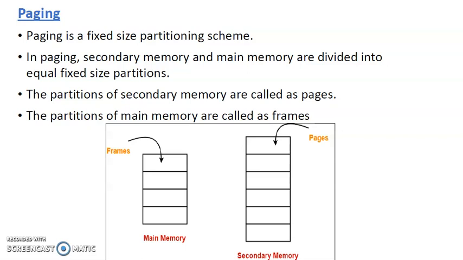The partition of secondary memory is called a page and the partition of main memory is called a frame. You can see in the diagram below, main memory is partitioned into frames and secondary memory is partitioned into pages.